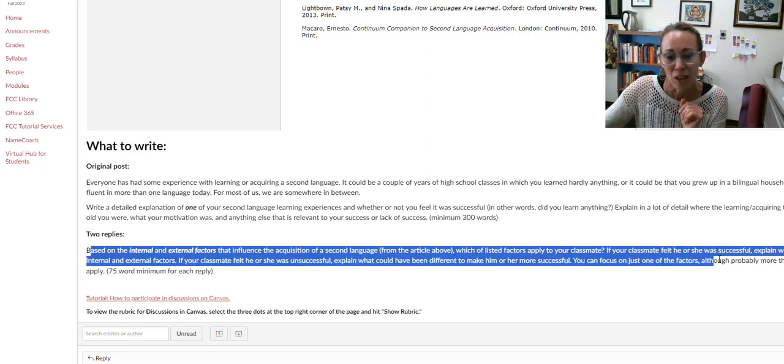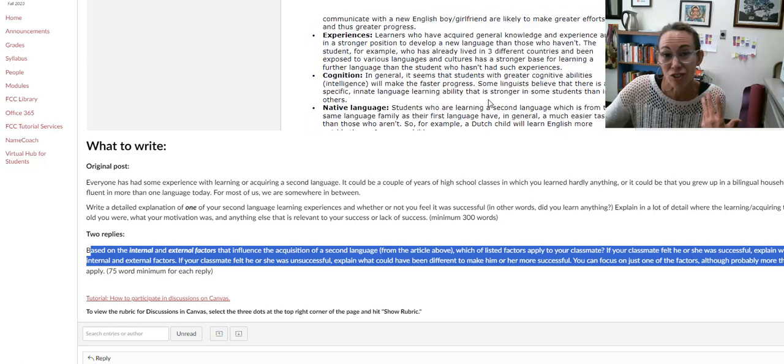Okay, so your classmate will tell you if they felt that they were successful or not, and then you're going to explain to them, based on these internal and external factors, why they were successful or not successful.